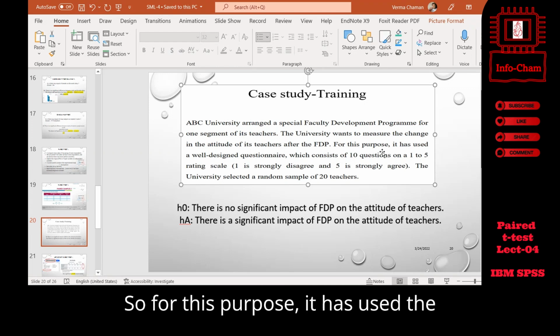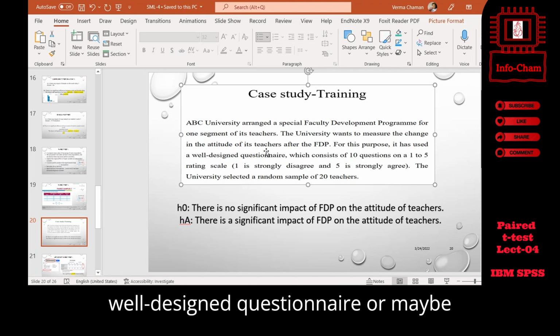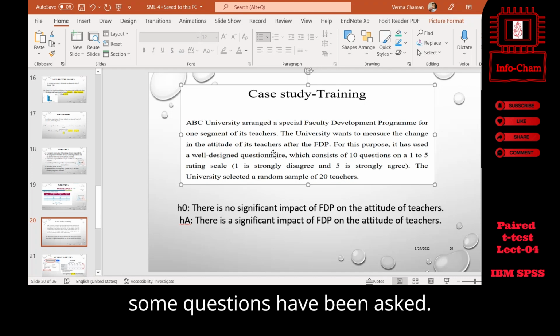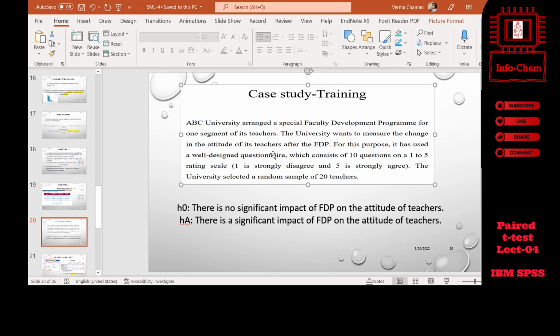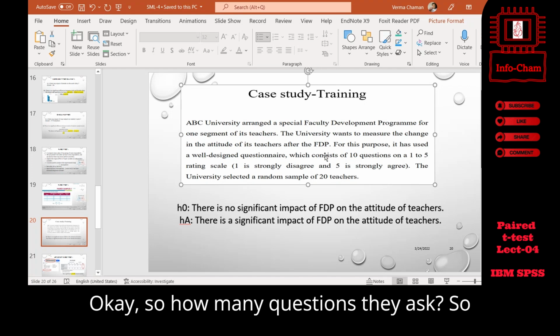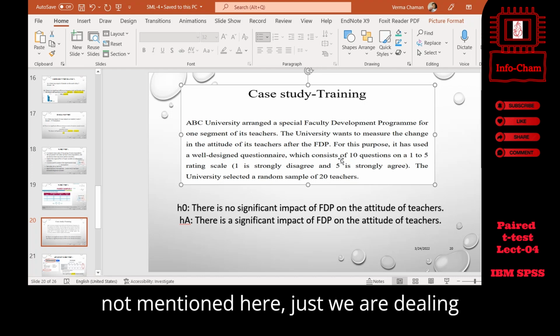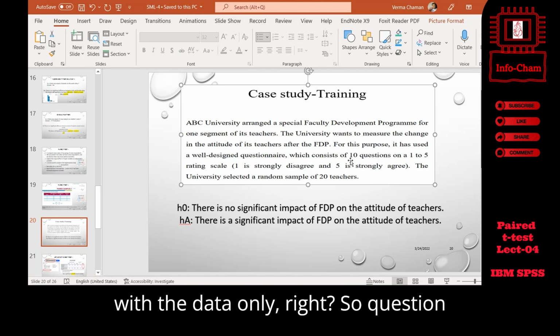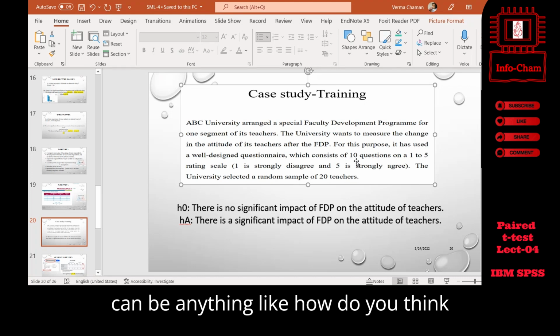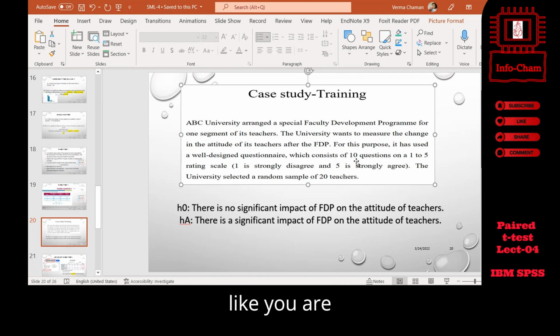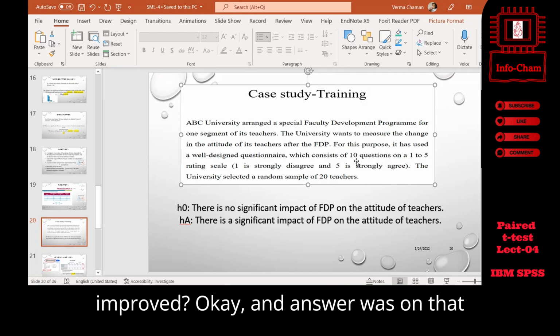For this purpose, they used a well-designed questionnaire, or maybe some questions were asked. How many questions did they ask? 10 questions. It is not mentioned here, we are just dealing with the data. The question can be anything like, do you think you have improved? The answer was on a scale.